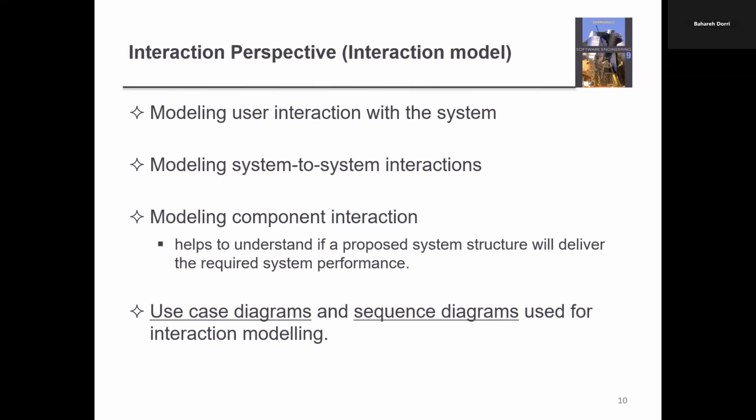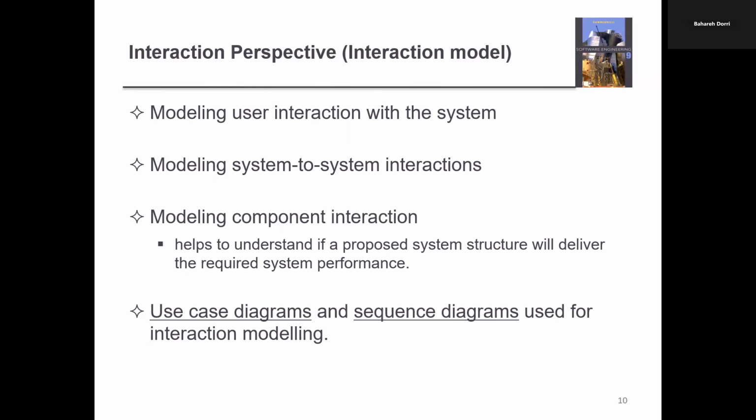Next, we have the system to system interaction. So rather than a person using the system, now we are looking at how two systems communicate. For instance, the MHC PMS might send patient records to an external prescription system or fetch data from a hospital database. We need to capture and model those kinds of interactions as well.